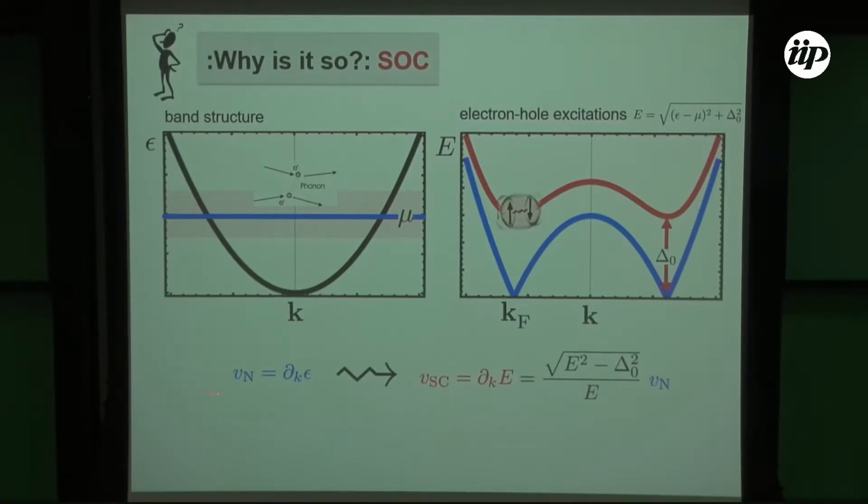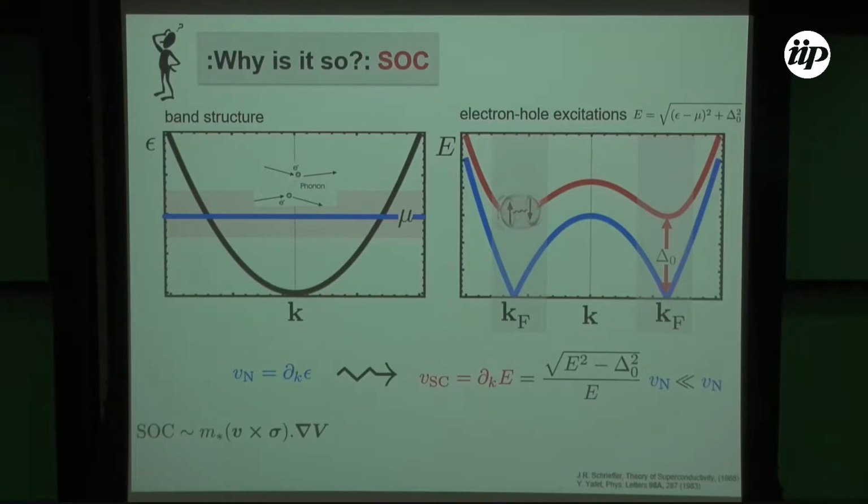The group velocity of normal particles is just the derivative of the energy. But if you are taking the group velocity of the quasi-particles, you should differentiate the quasi-particle dispersion relation with respect to the momentum. And if you do simple math, you will get that there is this prefactor inside. And you see that around the Fermi energy, this derivative is almost 0. So what we are seeing is that quasi-particles in the superconducting phase are much, much slower than the normal particles in the normal phase.